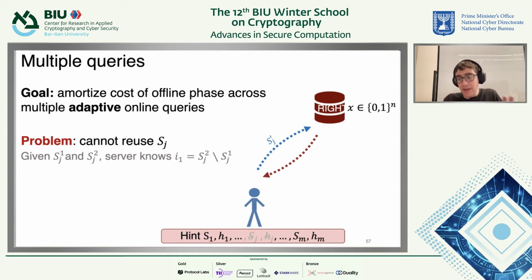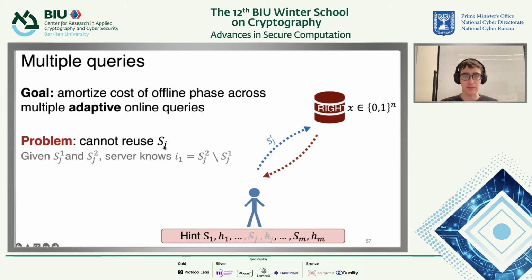The naive approach could be, well, I showed you how to run the online phase once, let's just run it more times, without rerunning the offline phase. But this doesn't work, and the reason is that if we go back to the scheme that has this collection of sets, we cannot just continue running the scheme and reuse the same sets after we used one of them.